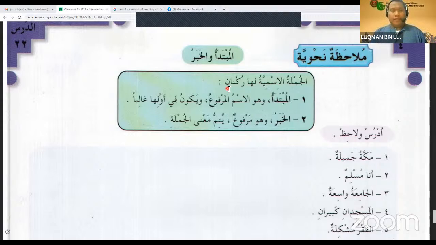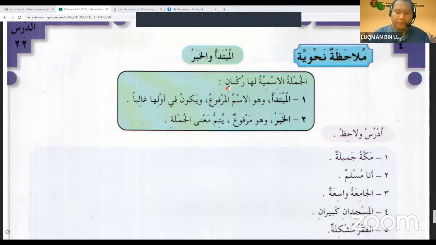So, the nominal sentence, the jumla ismiya, has two pillars, two parts. Al-mubtada, the subject, wa huwa al-ismul marfu, and it is a noun in nominative case. Nominative, ibig sabihin, usually dhamma ang ending niya. Wa yakunu fi awwaliha ghaliban, and it is usually at the beginning of the sentence.